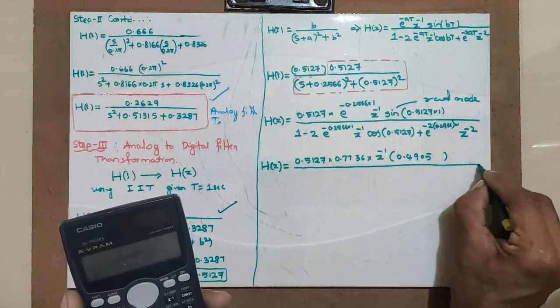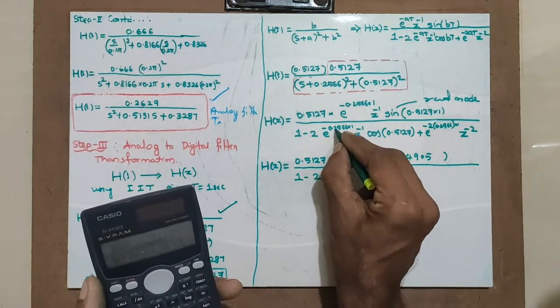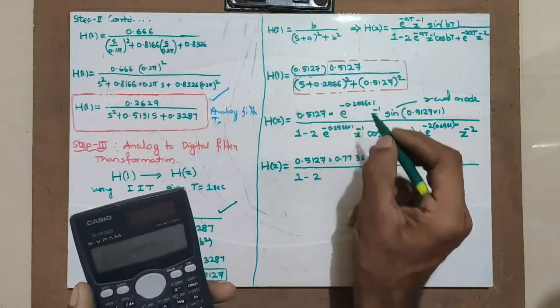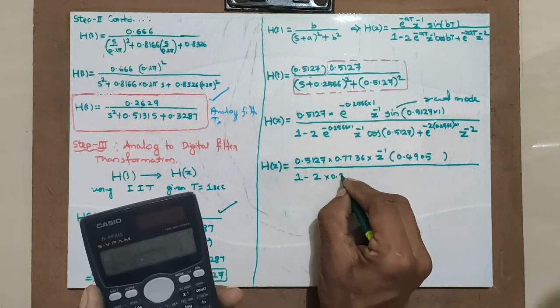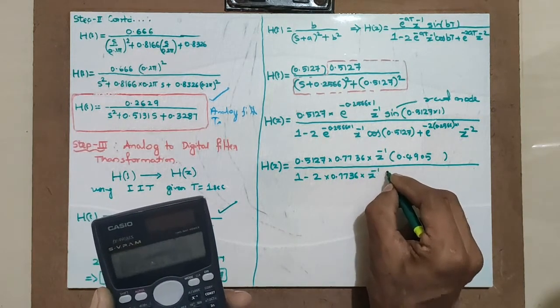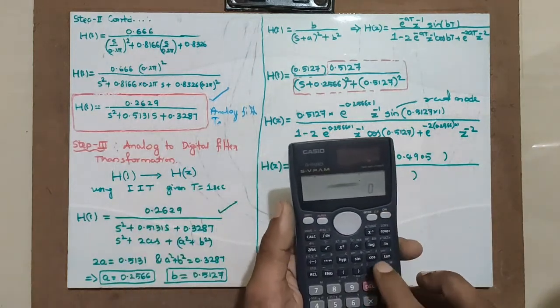Whole divided by 1 minus 2 e raised to minus 0.2566. Already you got this in the numerator: e raised to minus 0.2566 is 0.7736 into z raised to minus 1 into cos 0.5127.